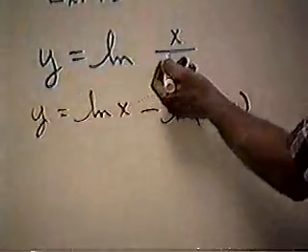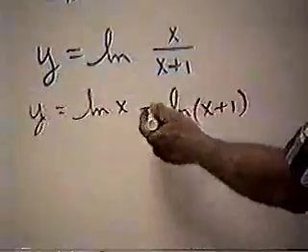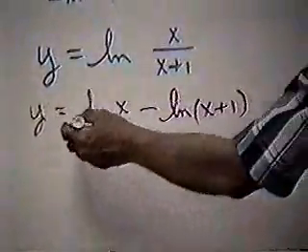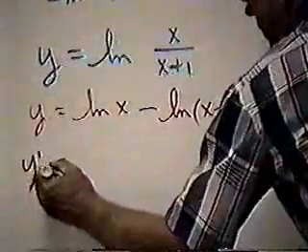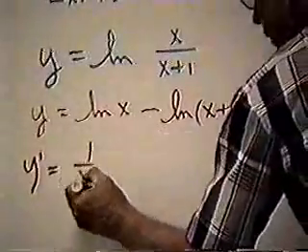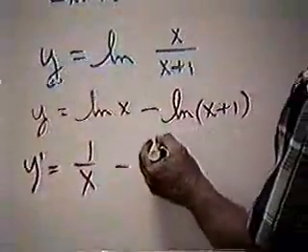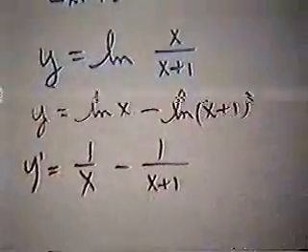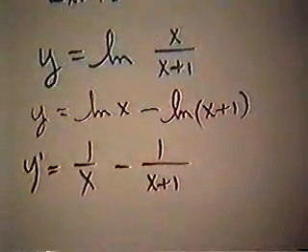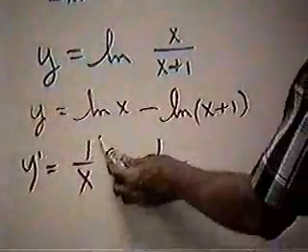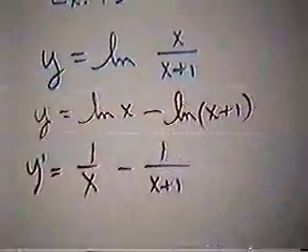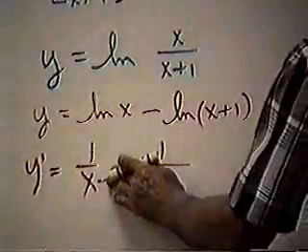If you have the log of division or multiplication, expand that before you take the derivative. Now the derivative of y is y prime. The derivative of log of x is 1 over x. And the derivative of this log is 1 over x plus 1. Now to get that simplified, you can go get a common denominator. And what happens when you get a common denominator, you're going to get this.